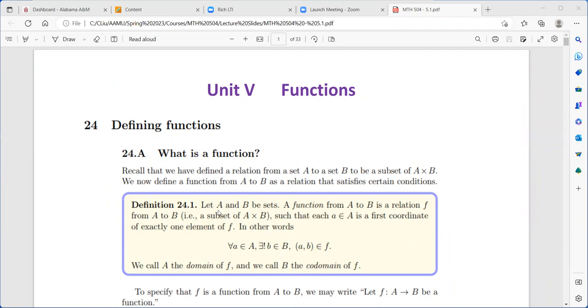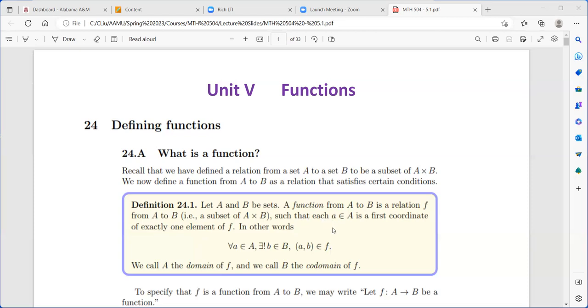Okay. So let A and B be sets. A function from A to B is a relation f from A to B, that is a subset of A cross B, as we know, such that each element a in set A is the first coordinate of exactly one element of f. This tells two things.